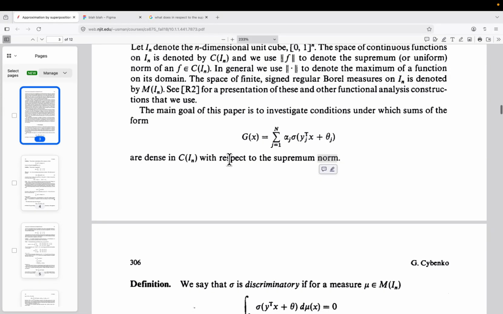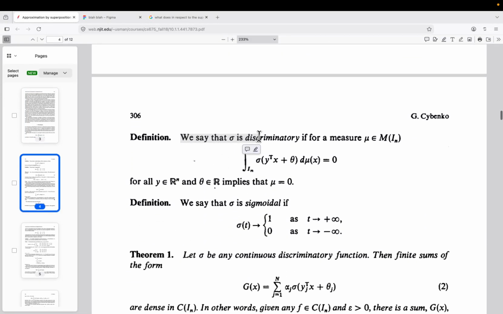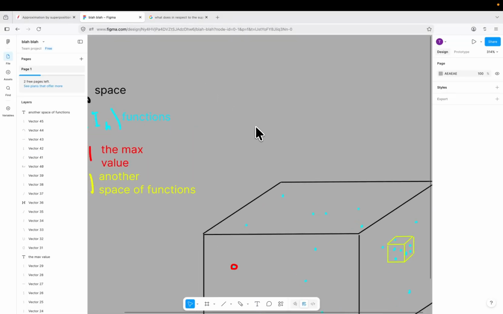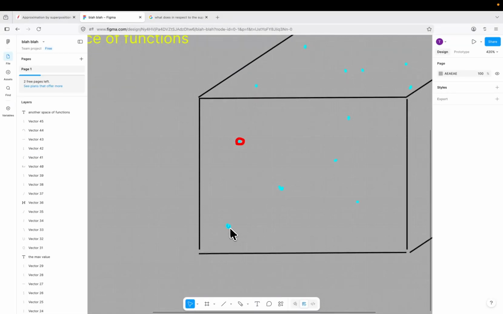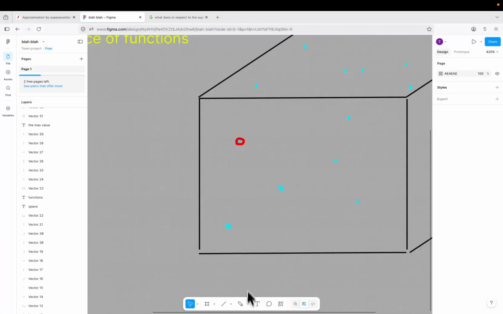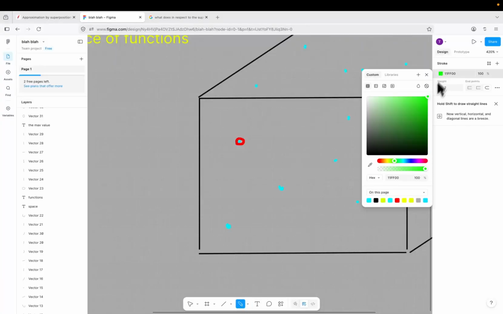Alright, got that. Definition, oh, that's interesting. We say that sigma is discriminatory for a measure. This thing is also extremely important. Let's draw more functions in a specific area.